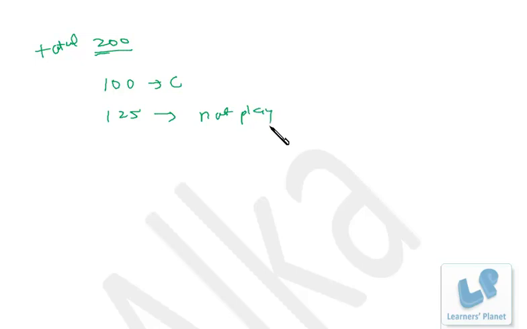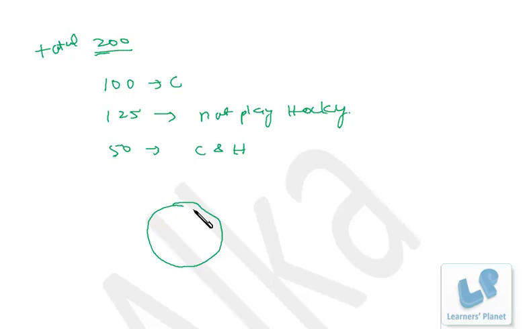And 50 students play both cricket and hockey. Okay, so let's draw the Venn diagram for this. Here, this is the circle of cricket, this is the circle of hockey. 50 students play both cricket and hockey, so I write 50 over here.